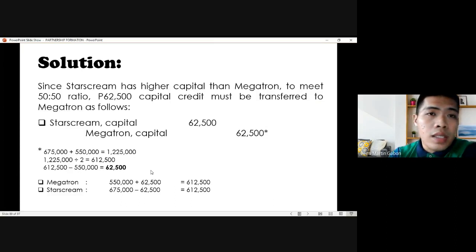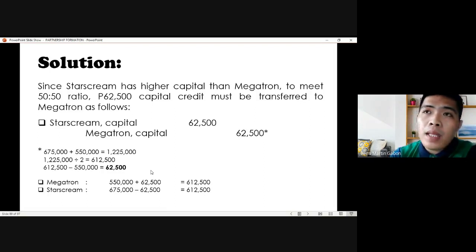Ayan, since Starscream has the greater capital than Megatron, to meet the 50-50 ratio, kailangan i-credit natin si Megatron. Saan kukunin yung capital credit na yan? Mula kay Starscream. Okay? So, i-total mo, 675,000 plus 550,000, magiging 1,225,000. Yung 1,225,000 i-divide by 2, so equal 612,500.